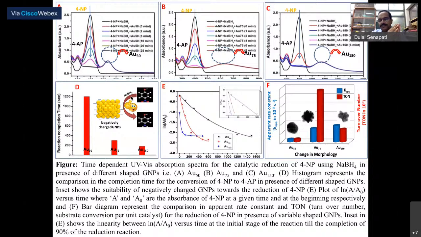When we reduce 4-nitrophenol using this nanocatalyst, it converts to 4-aminophenol, which we can easily follow by recording the absorbance. It shows that the flower shape, or the nanomaterial which has a sharp tip, shows very high catalytic activity.